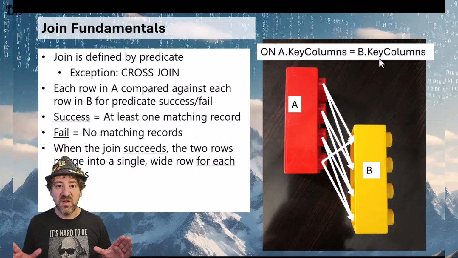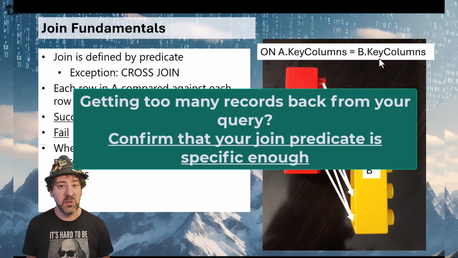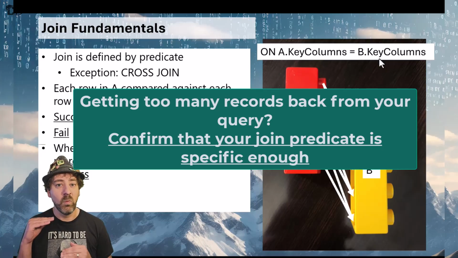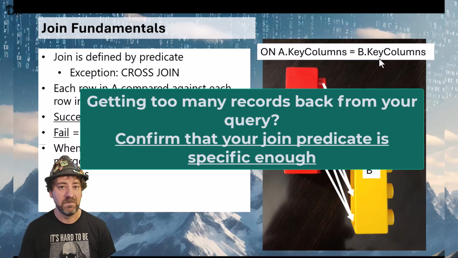When I'm working with a client and I have to debug queries, more often than not, the first issue you have to resolve is identify if your joins are innately creating duplicates by not having predicates that are well defined enough. Once you solve that, more often than not, that solves your duplication issue.